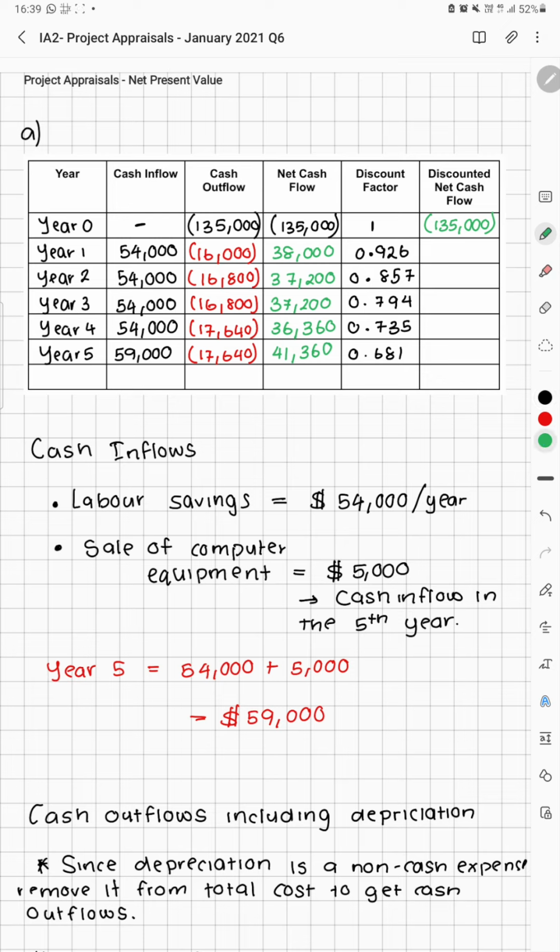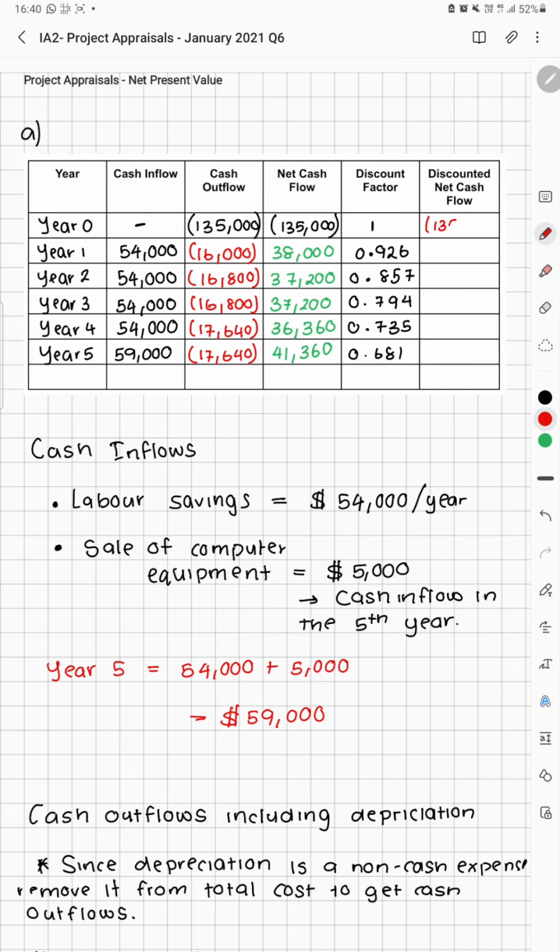So when we multiply 38,000 times 0.926, we get 35,188 in year 1. In year 2, 37,200 into 0.857 gives 31,880.40. Hold on, let me get that straight. Yes, 37,200 into 0.857 is that.